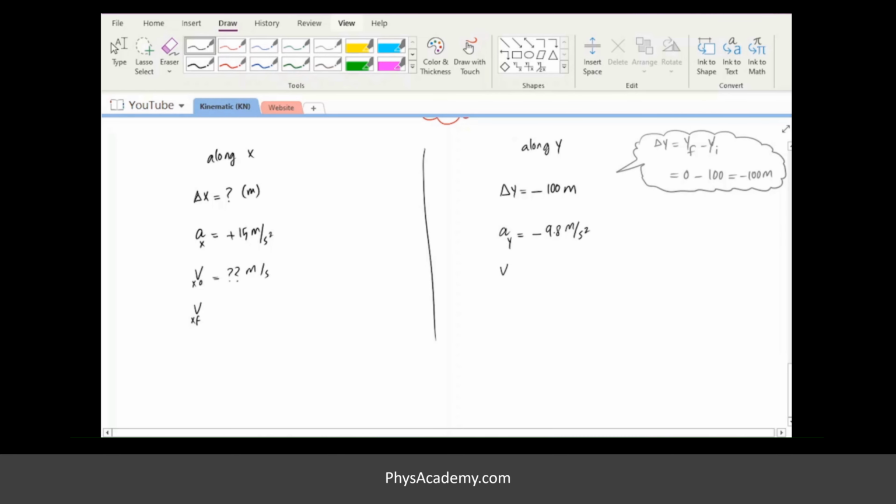Remember, finding the impact or final velocity is what we will find in part C. And finally, delta t.